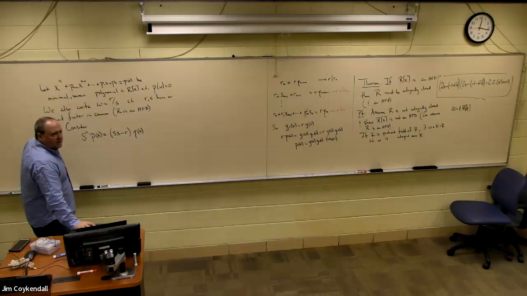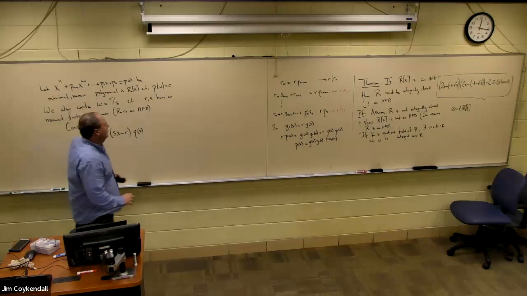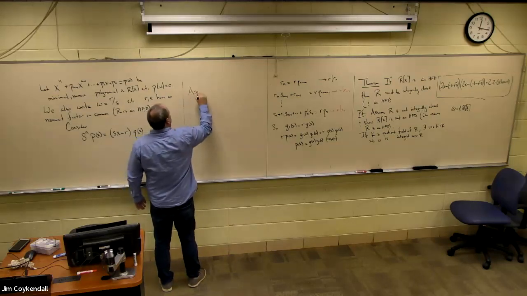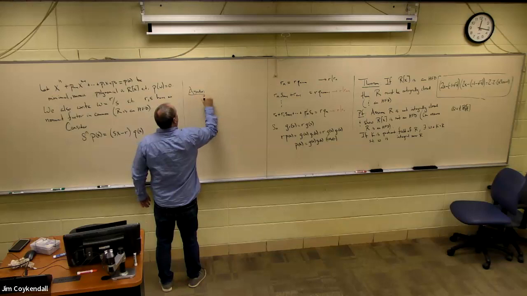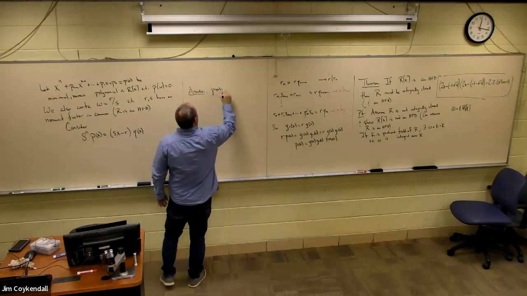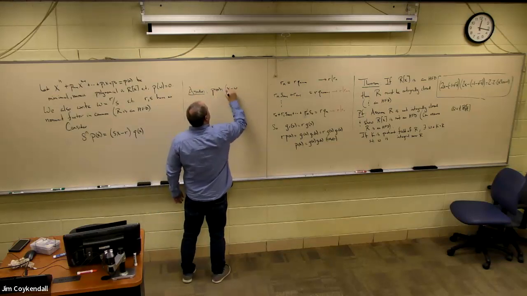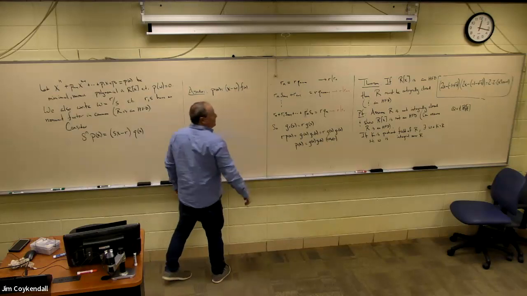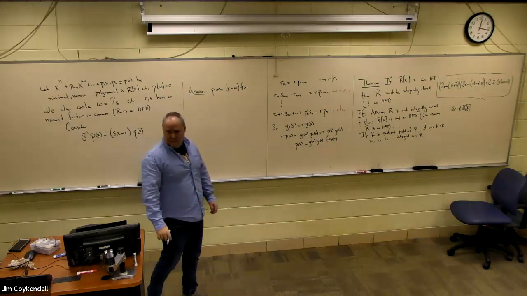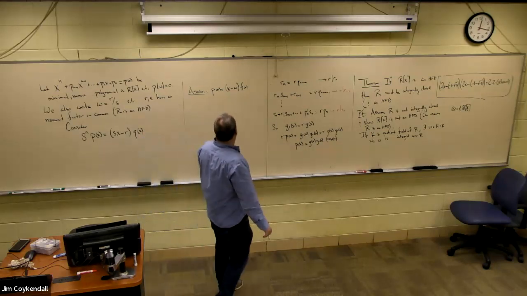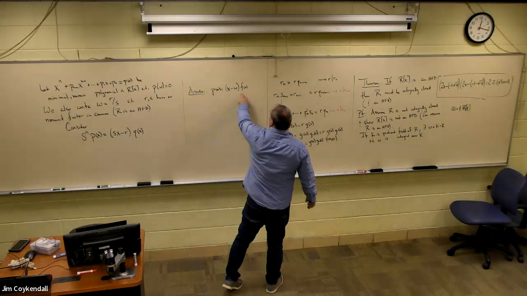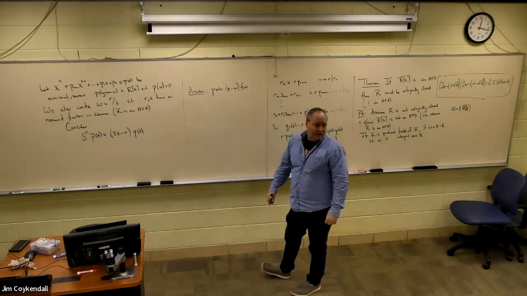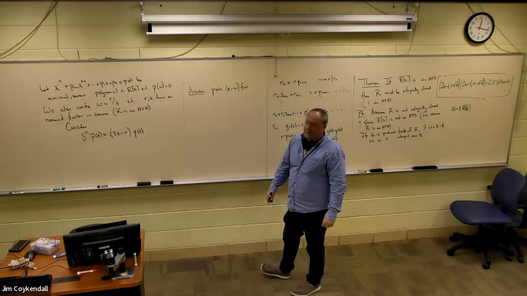How do I know this? Well, I know that P of X is X minus omega times some F of X. Everybody agree with that? Where F of X may not be in R[x], it's in the quotient field.